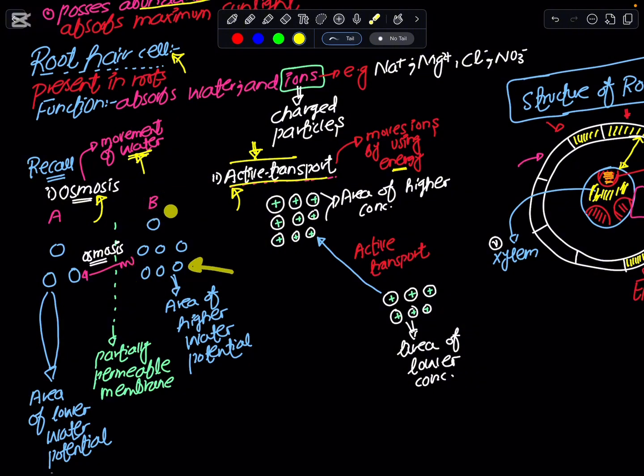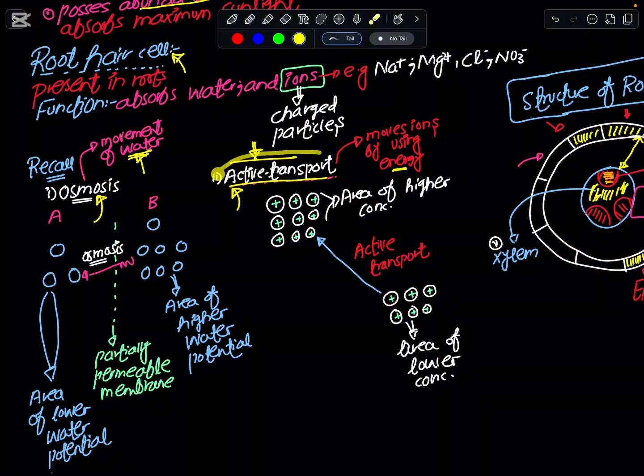A place where there are more water molecules is regarded as an area of higher water potential, and a place where the number of water molecules is less is the area of lower water potential. So whenever water molecules move from an area of higher water potential to an area of lower water potential, this is osmosis, right?